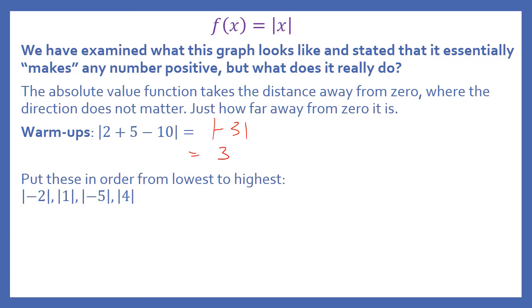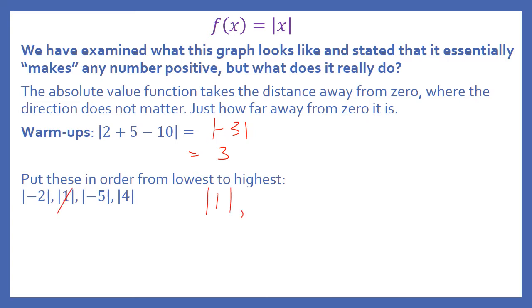Our next warm-up, put these in order from lowest to highest. So instead of thinking of these in terms of just making them positive, we're going to think of them in terms of how close are they to 0. From lowest to highest, meaning closest to 0, going all the way to furthest from 0. So the closest to 0, hopefully you are thinking, is the absolute value of 1.